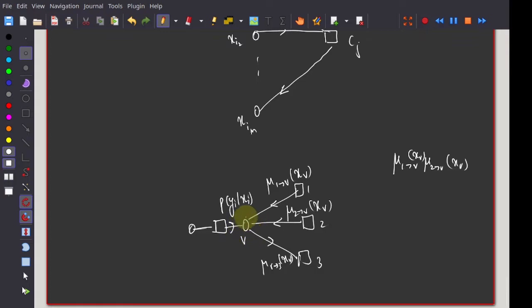The local function is just p(yv given xv), and there's no marginalization, right? Because everything is a function of xv. The outgoing message is also a function of xv. So at each variable node, all you have to do is multiply the incoming messages.